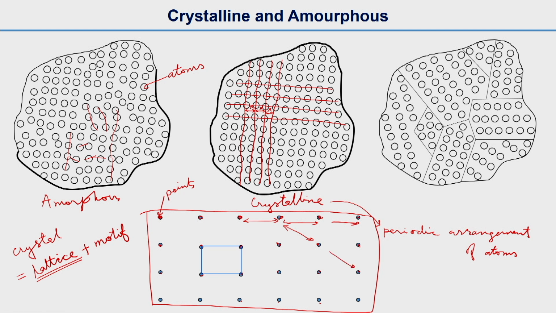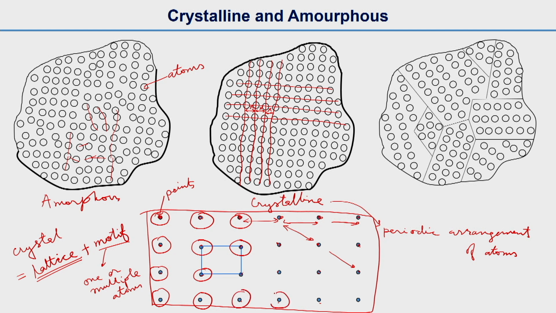So the lattice is the mathematical points, and the motif is one or multiple atoms. When you think of, say, only one atom at each lattice point, so these are the atoms on the lattice points, if you arrange atoms keeping one atom at one lattice point, then this is called a crystal.